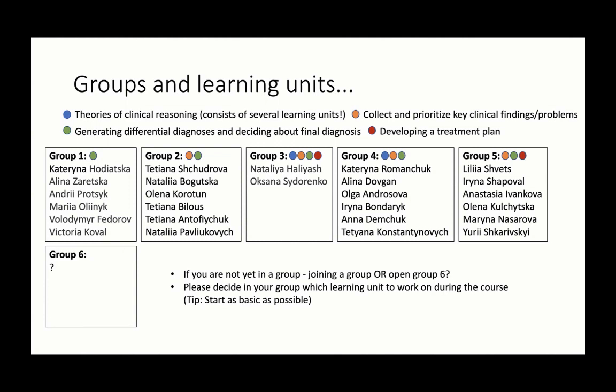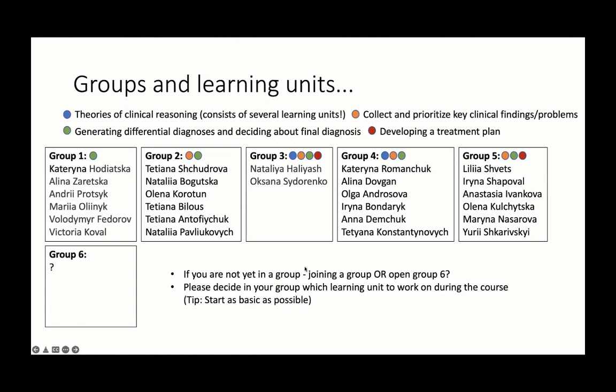So you can either think about joining a group, or if we have more people who would rather start a new group, we can open up a new group number 6 with whatever topic or learning unit you choose to work on.